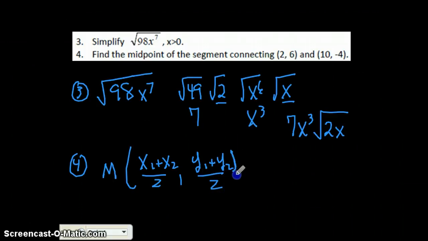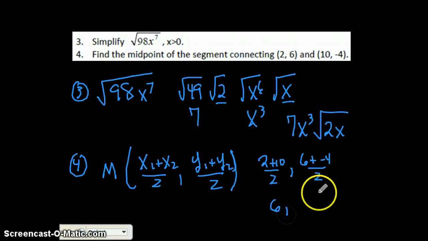So the midpoint would be 2 plus 10 over 2, comma, 6 plus negative 4 over 2. Now 2 plus 10, that's 12. 12 over 2 is 6, comma, 6 plus negative 4 is 2. 2 over 2 is 1. So the midpoint is going to be the ordered pair 6, 1.